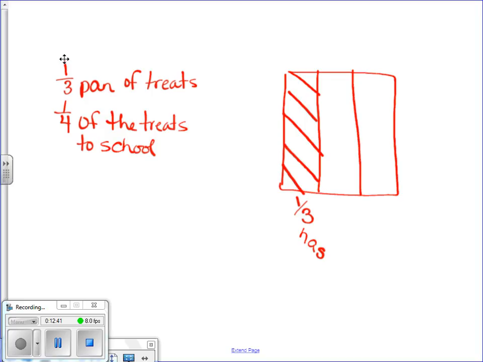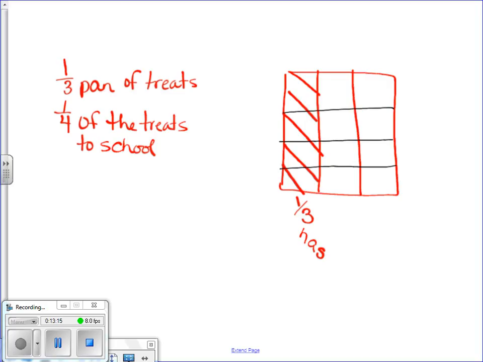So she has 1/3. So I'm going to label in a different color just so it stands out. Yeah, I like the color code thing. Have you figured that one out? Okay. So then she sends 1/4 of the treats to school. So I'm going to break this up into fourths going in the opposite direction. So I'm going to go fourths this way.